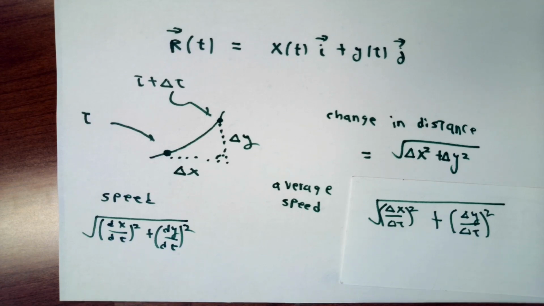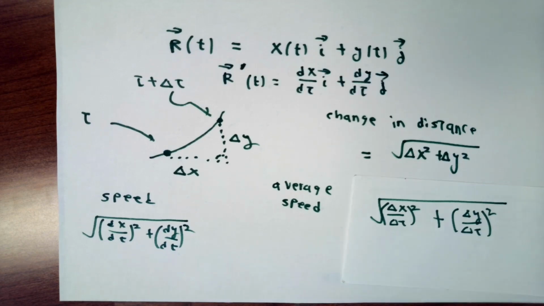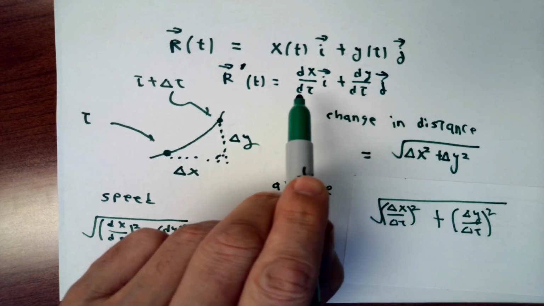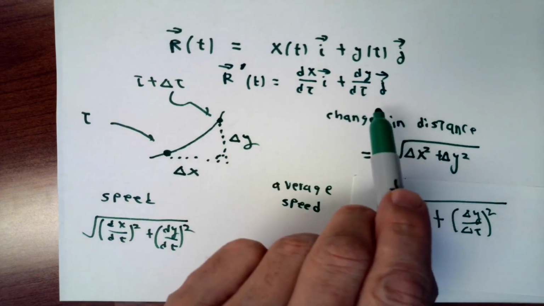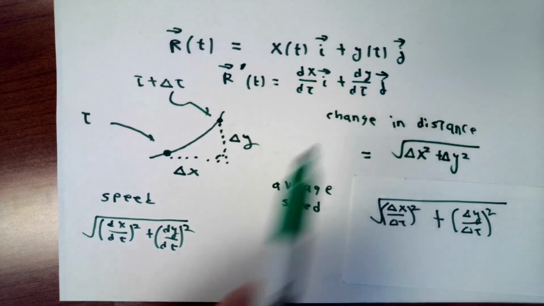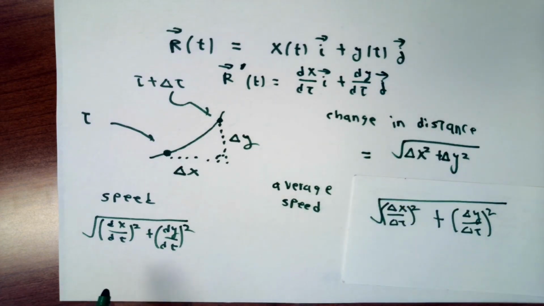The connection that I want to make is this. Take the derivative of the r function, and then think about the magnitude of that vector. You would take dx dt, square it, square dy dt, add those together, and do the square root, which is the same thing as that.